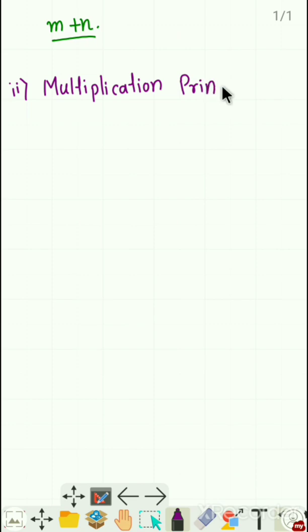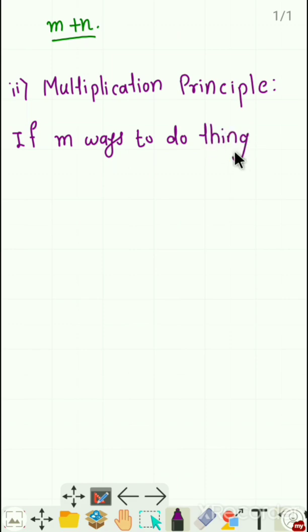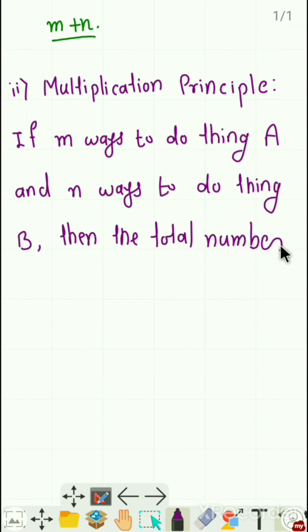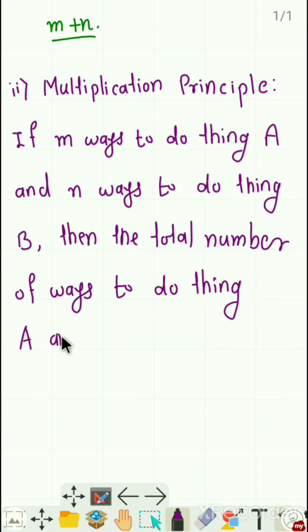That principle says that if there are m ways to do thing A, and if there are n ways to do thing B, then the total number of ways to do thing A and B is m into n.